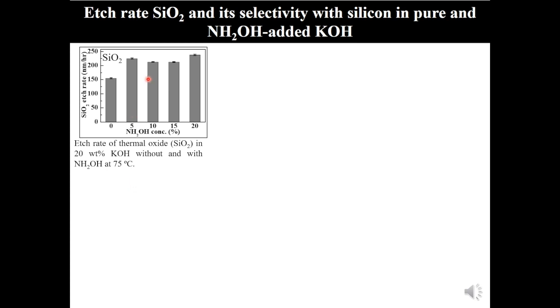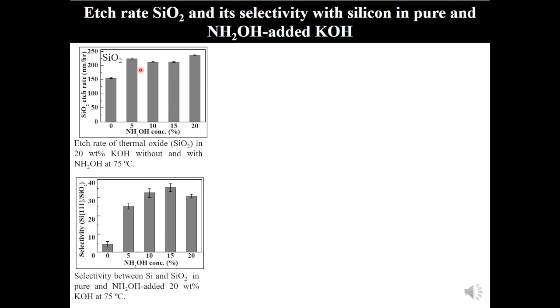Now you can see the etch rate of SiO2 is increasing with increasing NH2OH. But if we see the selectivity between silicon and SiO2 in NH2OH added KOH, it is significantly high in comparison to pure KOH.